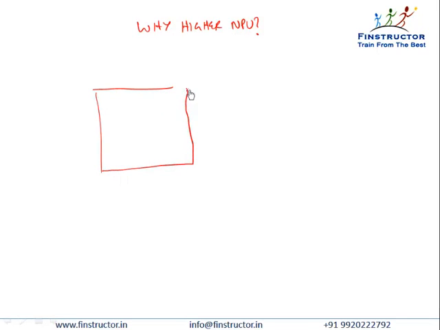Now let's understand, why do we do this? So why higher NPV? Let's assume I have a plot of land and I can either build a school on that plot of land or I can build my factory. Same plot.